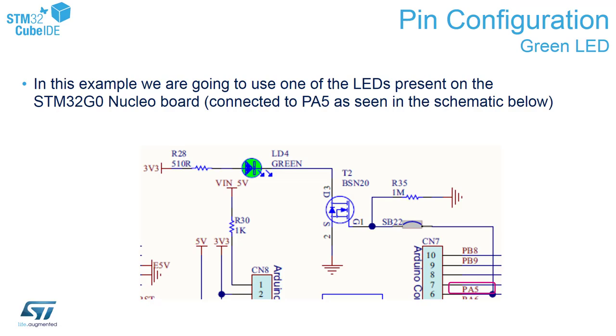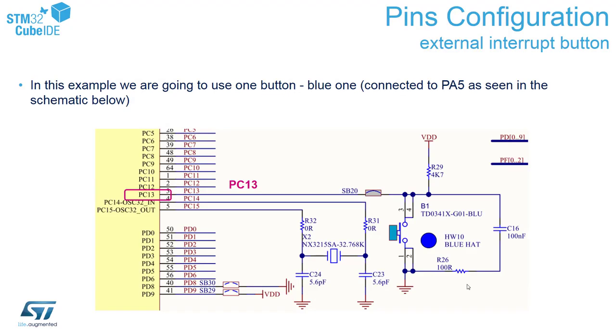We will use in our exercise as well the green LED, which is connected to port PA5, and our blue button, which is connected to PC13. As you can see, we should detect the falling edge of external interrupt.